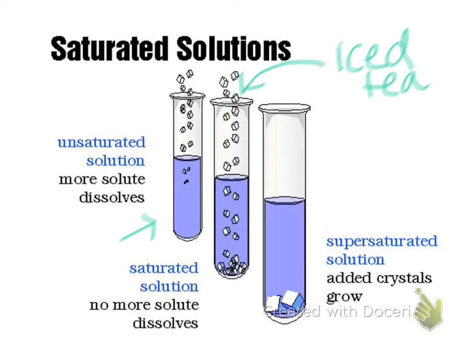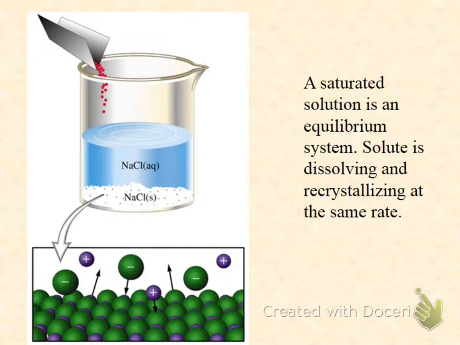Okay. A supersaturated solution, say that 3 times fast, is where you can grow the bigger crystals and they recrystallize because you heated it up, dissolved more than you should, and then cooled it back down. Again, we said this earlier, that the saturated solution is at equilibrium.